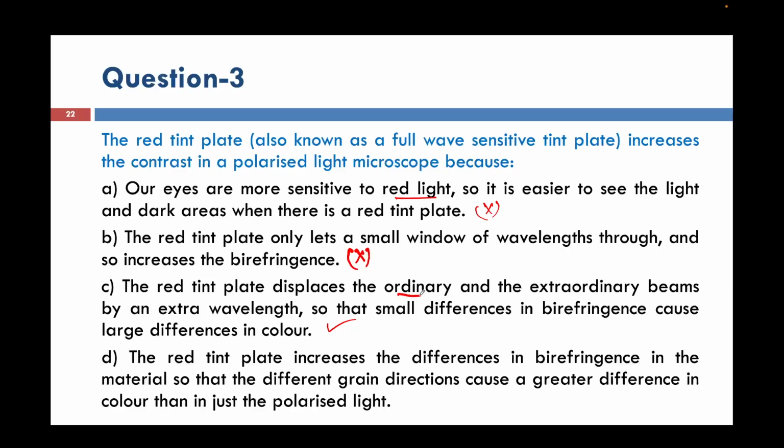In D, the claim is that different grain directions cause a greater difference in color. In this case we cannot say that, because it is not a function of the red tint plate. So the correct option would be C.